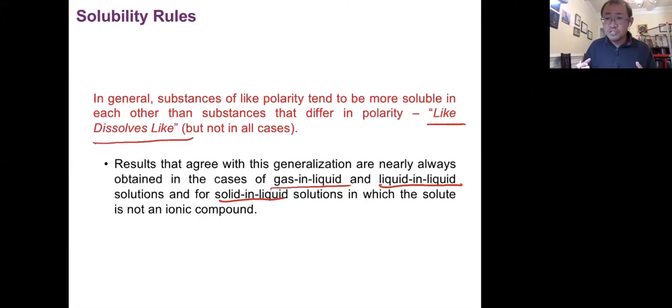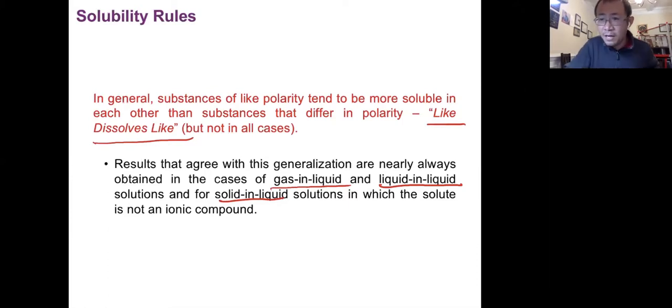Even though we're not making a solution yet, I can tell as long as I know the polarity of A and B. If A and B polarity is similar, meaning both polar or both nonpolar, they tend to dissolve with each other. If they are different, they don't dissolve with each other. For example, water, we know water is the most commonly used solvent we experience every day. Our planet is full of water.